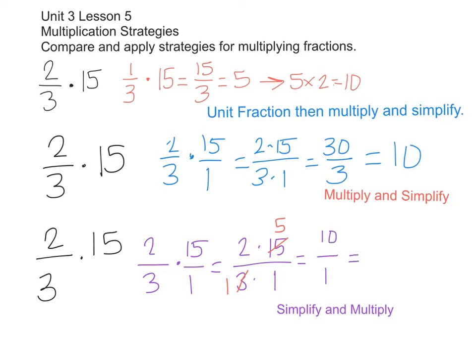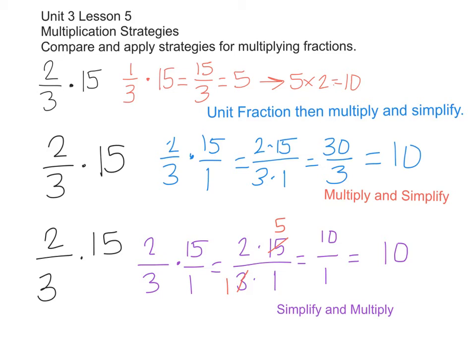So this equals 10. So now you're seeing 3 different strategies here. Unit fraction, then multiply and simplify. Then we multiplied it and simplified it. And then we simplify and multiply it.